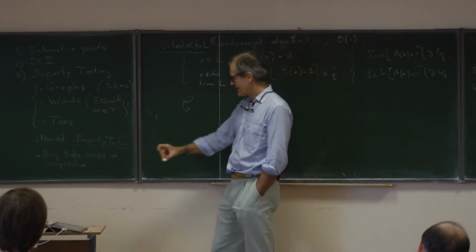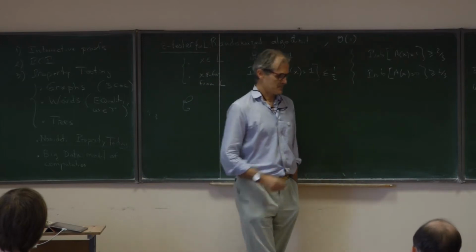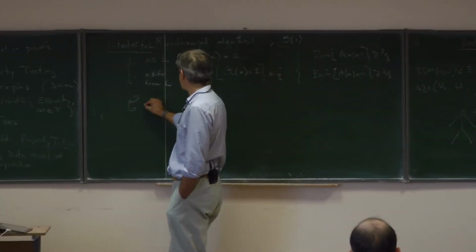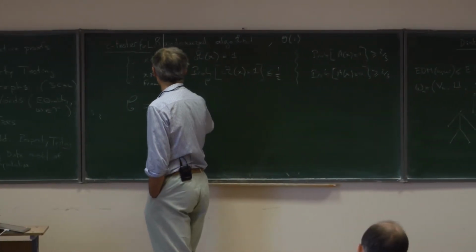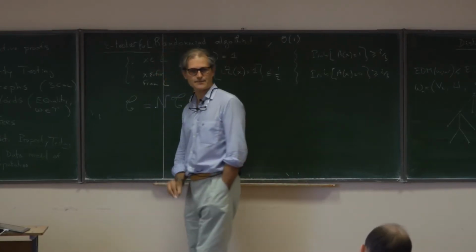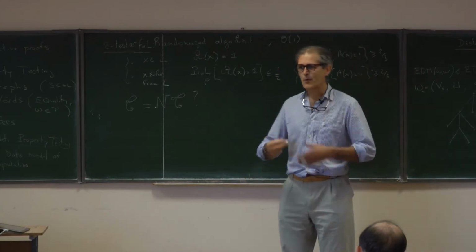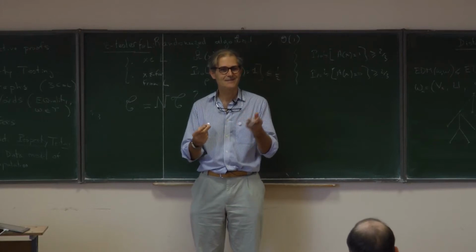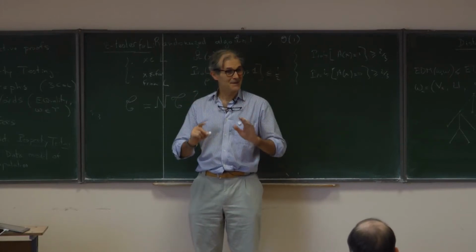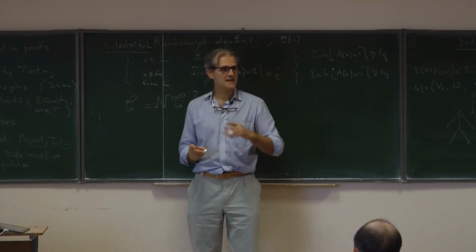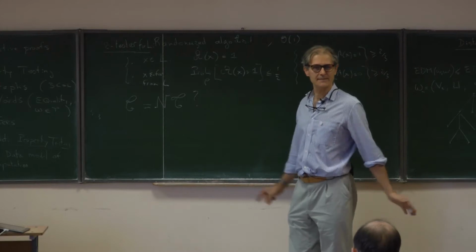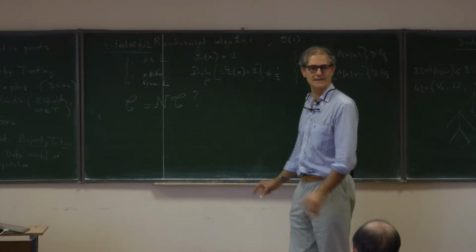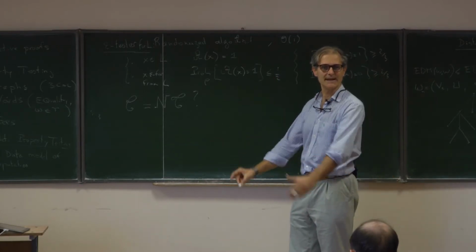Then we're going to introduce properties that are non-deterministically testable, and the fundamental question is whether T equals NT, which is of course an equivalent version of P equals NP, but here in this world being efficient doesn't mean being polynomially computable, it means being testable. And it makes total sense for big data. Big data, you can't read it, it's too long, but you can sample it. The whole question about testability is what can you do assuming you can sample the data.